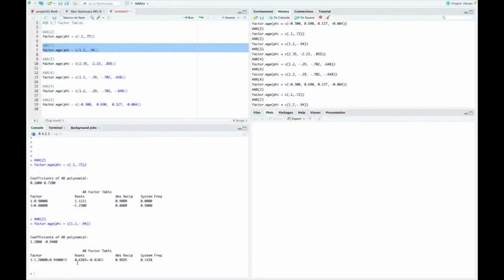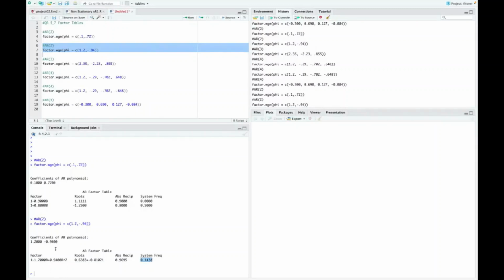It has a pair of complex conjugate roots that we can see here. The absolute reciprocal is 0.9695, and the system frequency that's associated with that is 0.1438, which is almost a period of 7. 1 over 0.14 would be about 7.